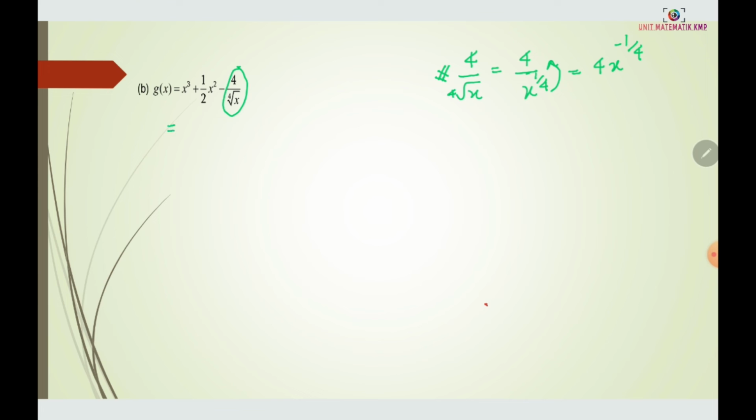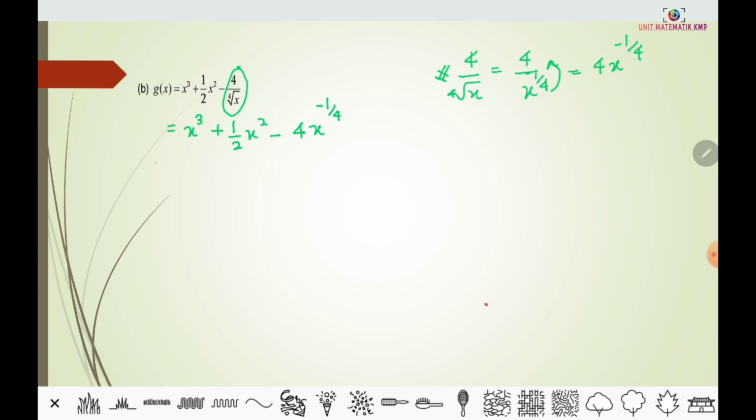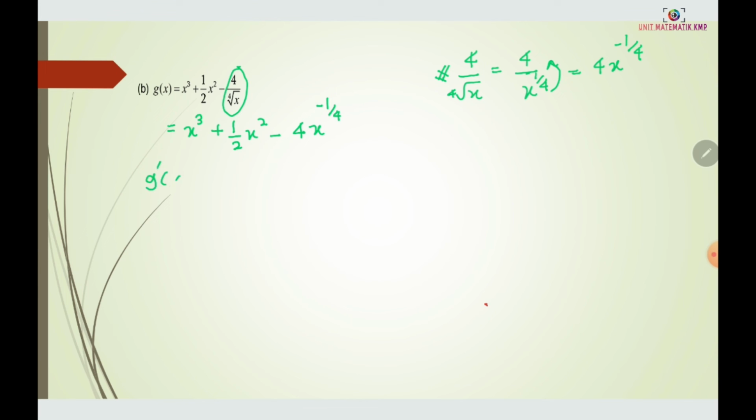So we have x cubed plus 1 over 2x squared minus 4 x power of negative 1 over 4. Okay, this is g(x), and then we need to differentiate this.